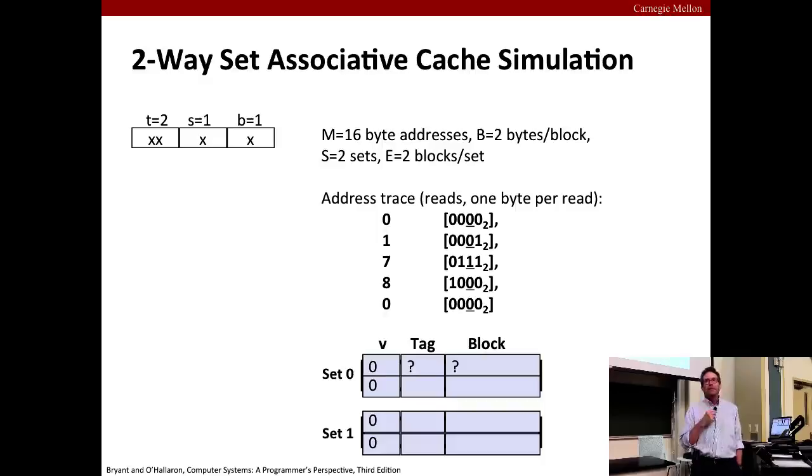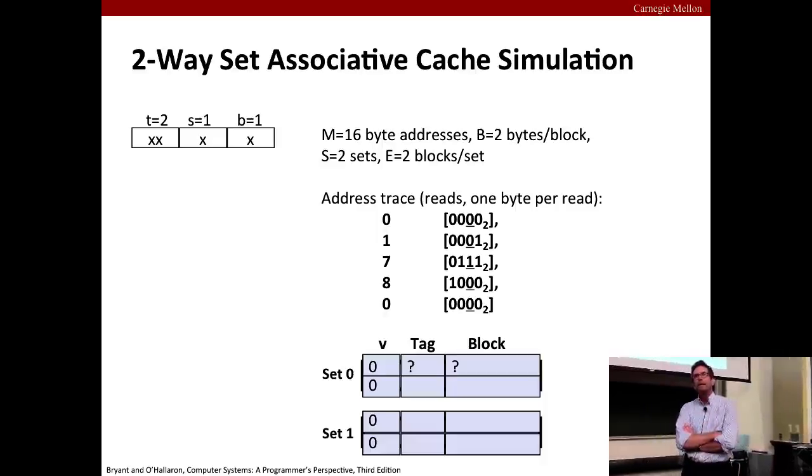Yes. For a set with multiple lines, when there's a miss, how does it choose which line to go to? That's the replacement policy. So the question is, when there are multiple lines in a set, how does it determine which to overwrite? That was the previous question. Maybe I should have repeated it. You try to pick a line that was least recently used.